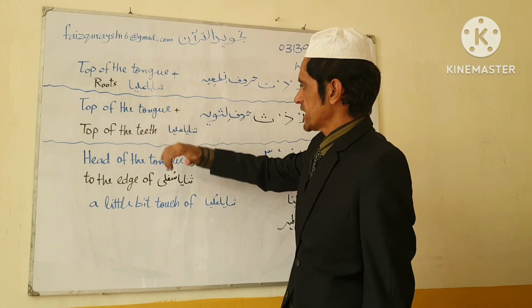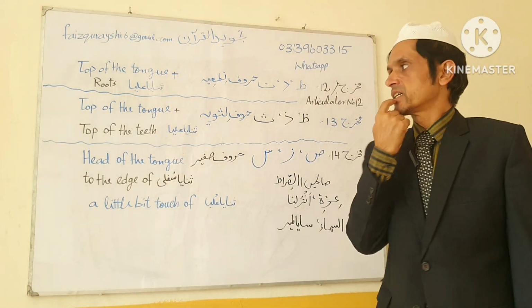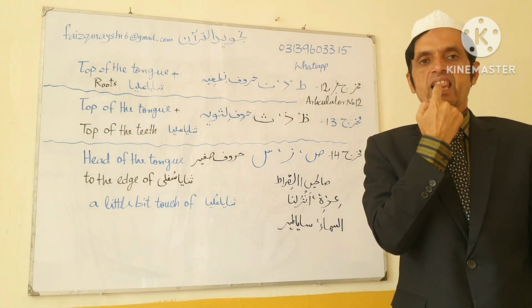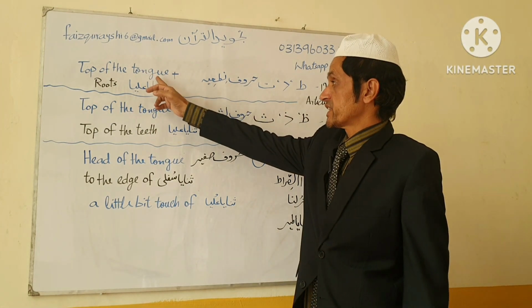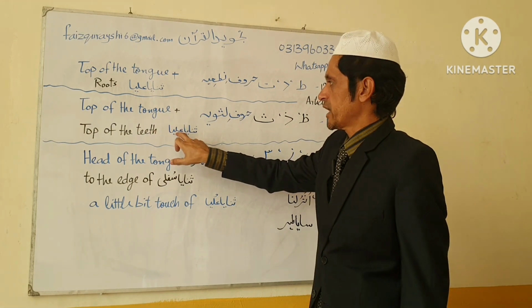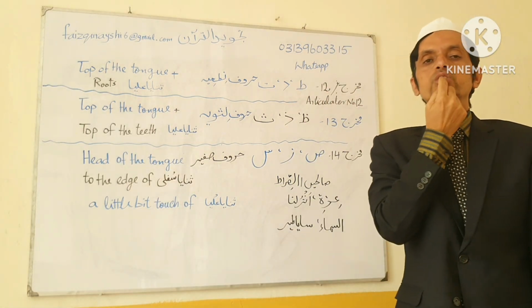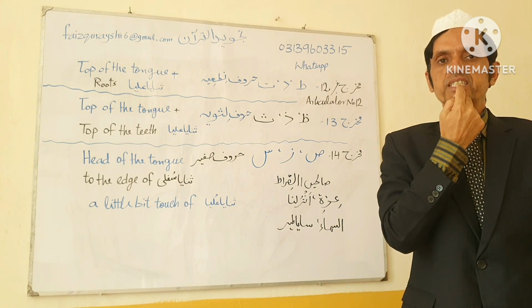Top of the tongue plus top of the teeth. Now you see, this is the top of the tongue, the same as before, but here it goes to the roots of Thanaya Ulya, but here the top of the teeth, not the root but the top of the teeth.